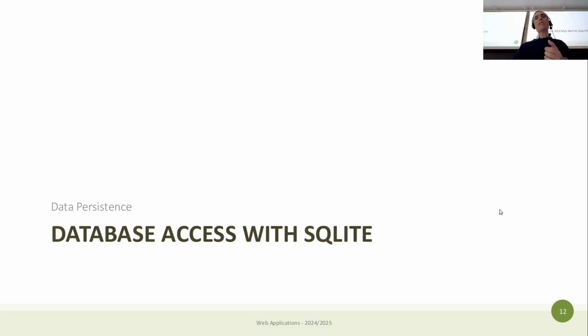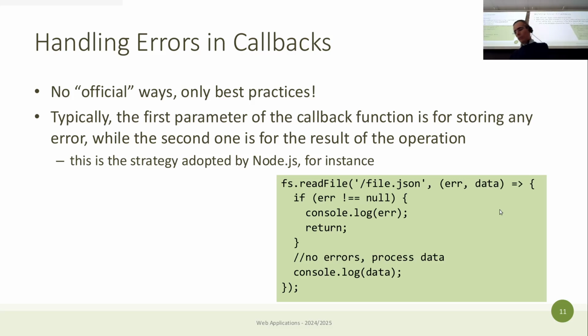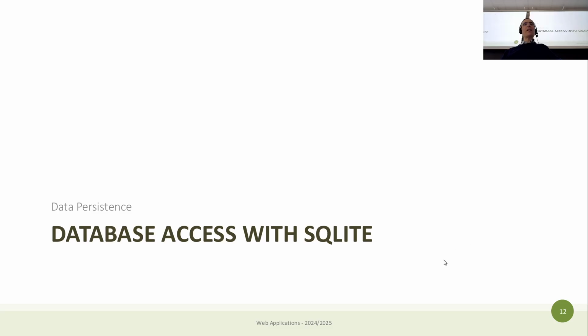And so, before going on, we will see an example of how to perform an asynchronous operation, and especially the ones that are useful in this course. Okay, that is accessing information from a database that we will use to develop the project that you will then have to submit for the final exam.